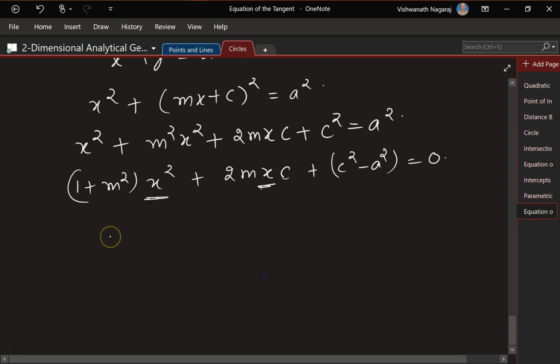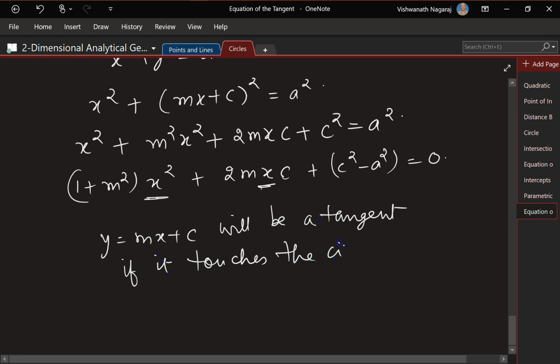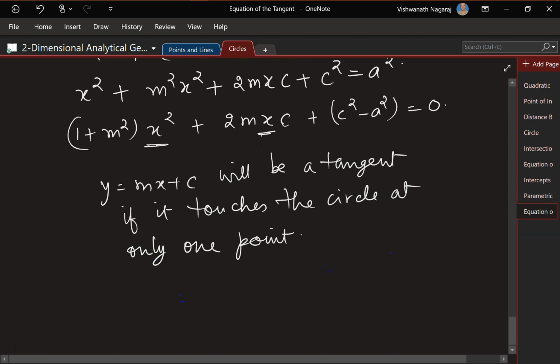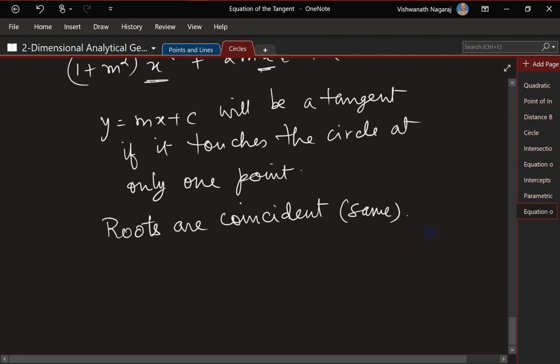Now the line will be a tangent if it touches the circle at only one point, right? That means the roots are coincident. That means there is only one solution to this quadratic equation. Then only it will be touching the circle at only one point, and hence it would be a tangent. So b square minus 4ac equal to 0.